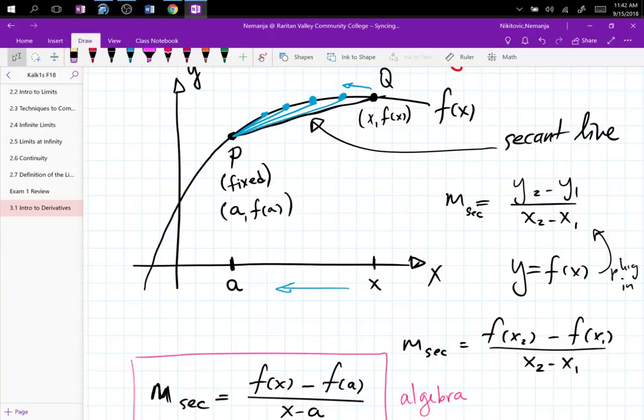We call that a secant line, which means to cut. And you see that obviously as Q changes, the coordinates of Q change, which creates a different value for the slope. All of the blue lines and the black line have a different slope because one point is fixed and the other one is free to move, creating infinitely many slopes there.